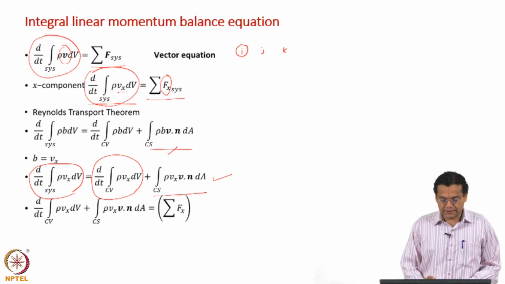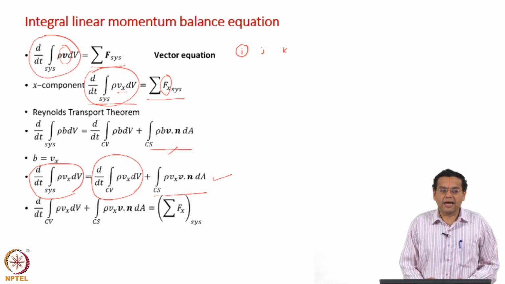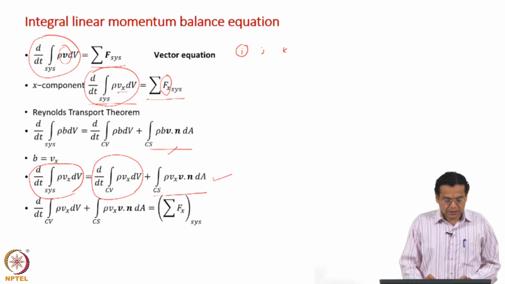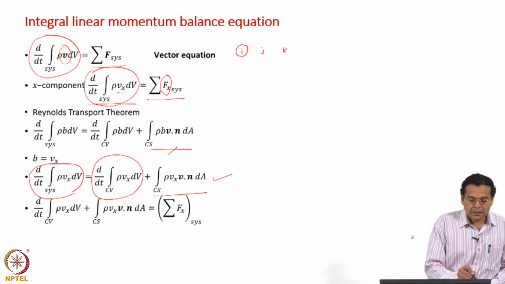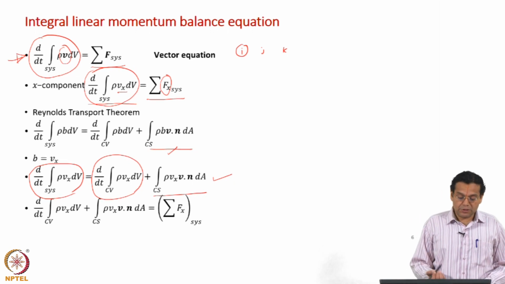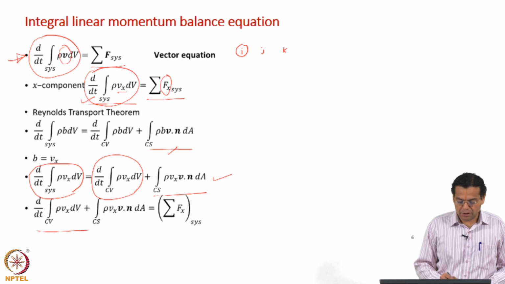Right hand side, sigma represents sum of all the forces acting on the system. That is why I used a sigma there representing sum of all the forces. What are those forces? We will see later. So, what have I done? I have taken the law of physics, used the Reynolds transport theorem and expressed the left hand side in terms of control volume and control surface.